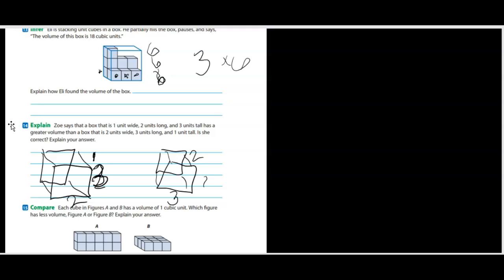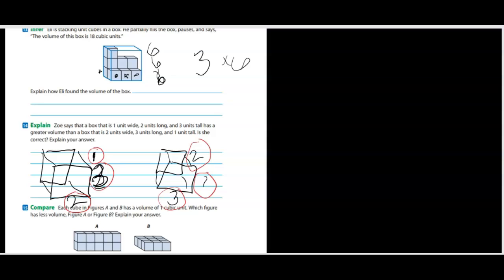So we're using the same numbers in both boxes. If you notice, we've got a 2, we've got a 1, and we've got a 3. We are using the same numbers, so those are going to have the same volume.